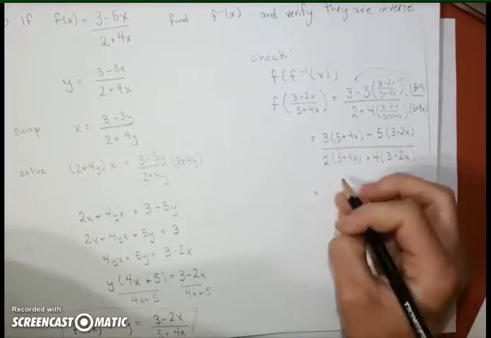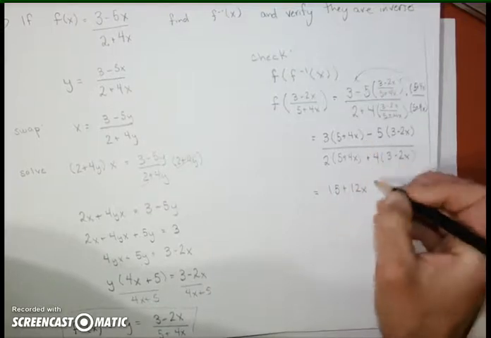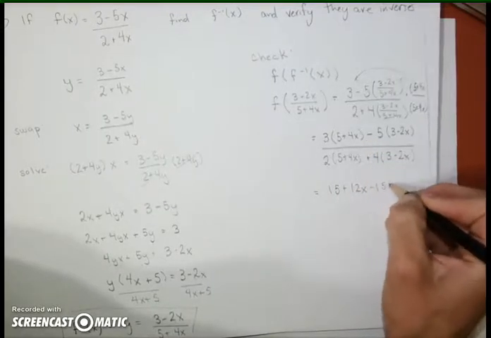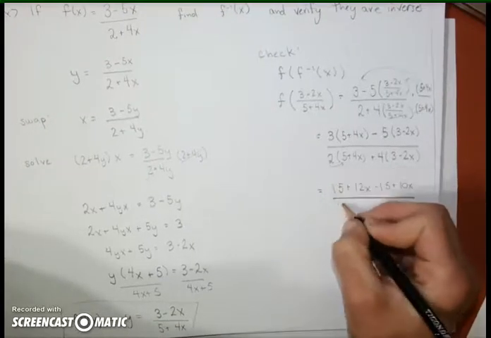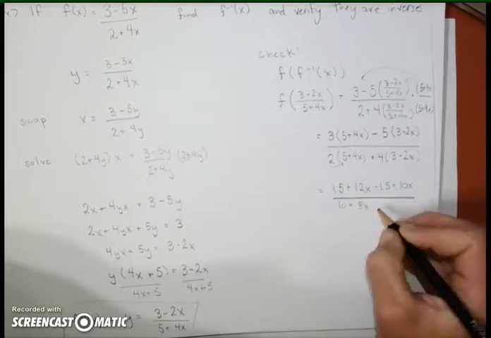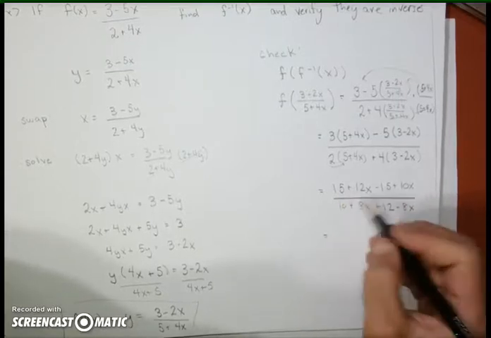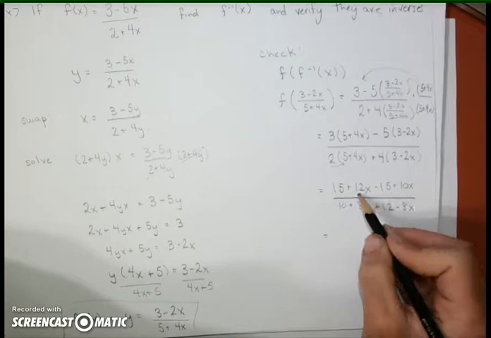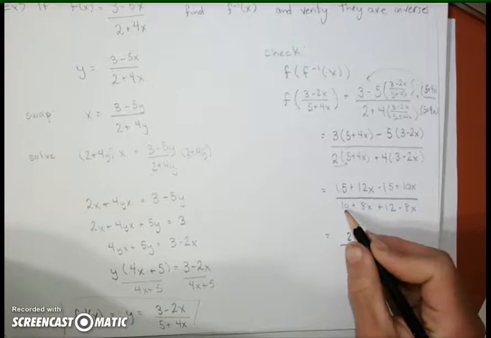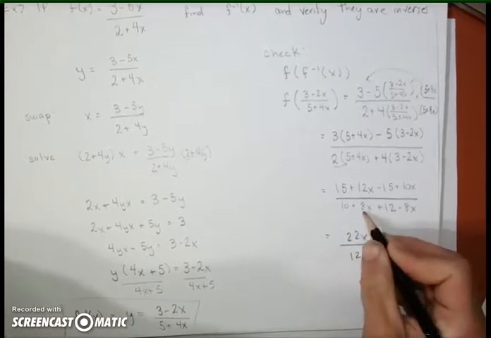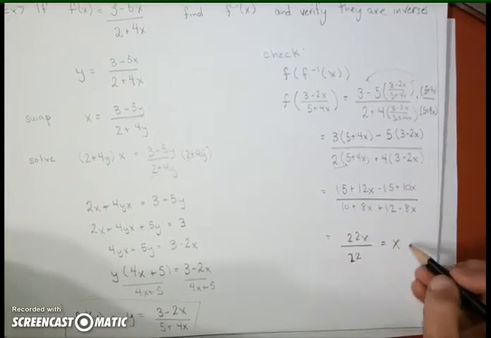Now just distributing this out and simplifying, I have 15 plus 12x on the first term, minus 15 plus 10x, divided by, so then I have 10 plus 8x plus 12 minus 8x. So on the top, 15 minus 15 is 0, and 12x plus 10x is 22x. On bottom, 10 plus 12 is 22, 8x minus 8x is 0, and so I'm left with x. So they are in fact inverses.